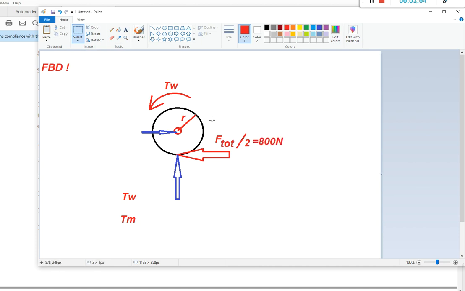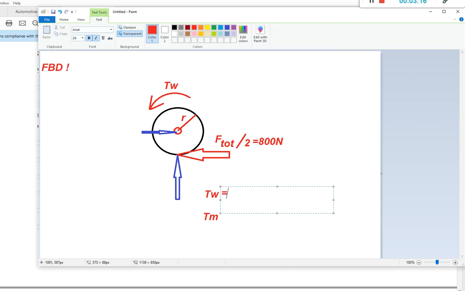We have the radius 1/2 meter, so the wheel torque is going to be equal to the radius of the wheel, that is 0.5 meters, times the 800 newtons. So this is 400 newton meters.